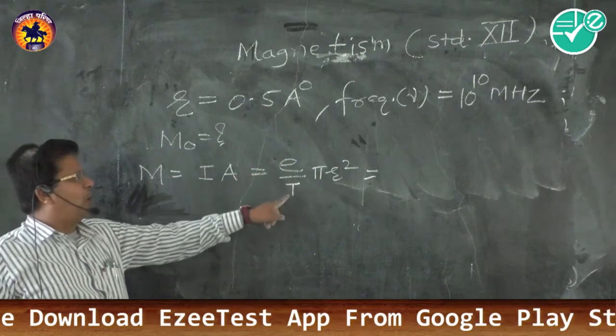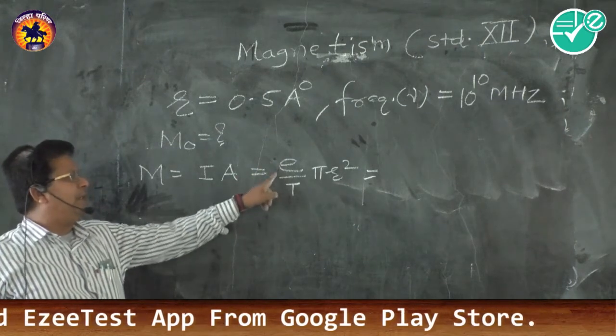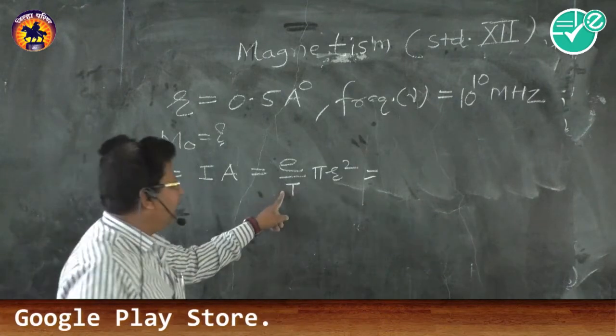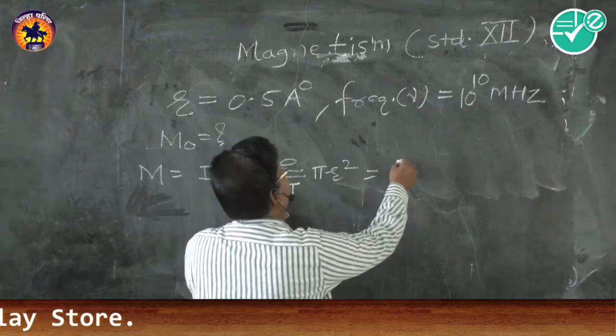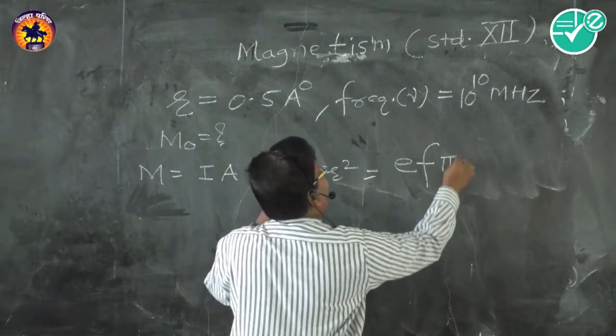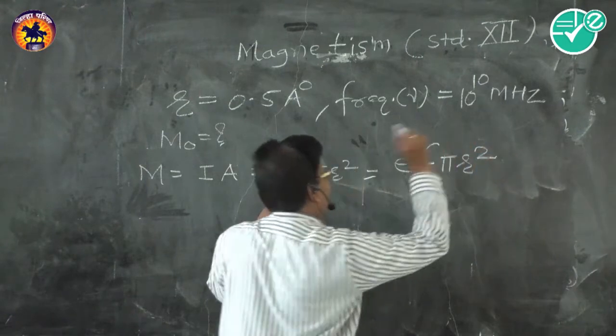Again the reciprocal of the time period, that means this 1 by T, is called the frequency, and therefore the formula becomes e into f, that is frequency, into pi into r square.